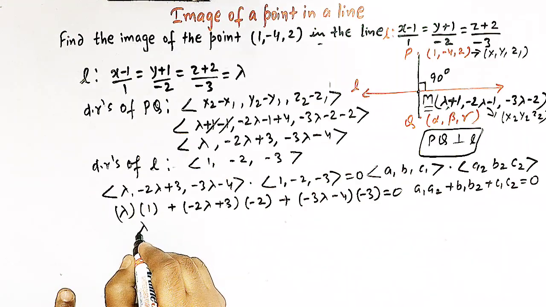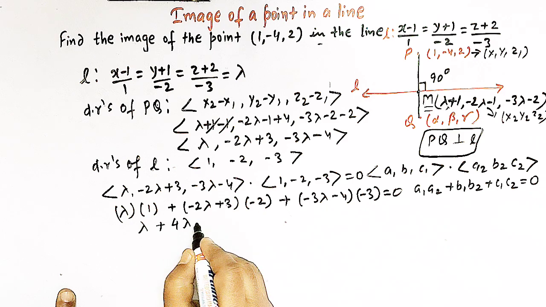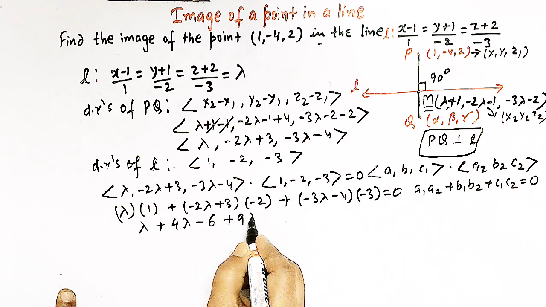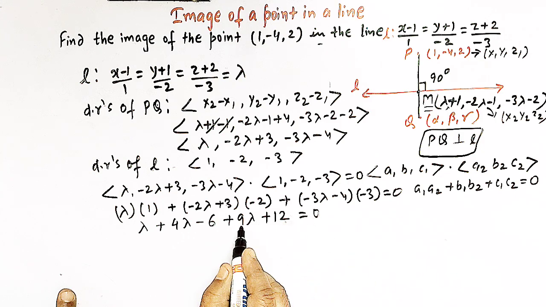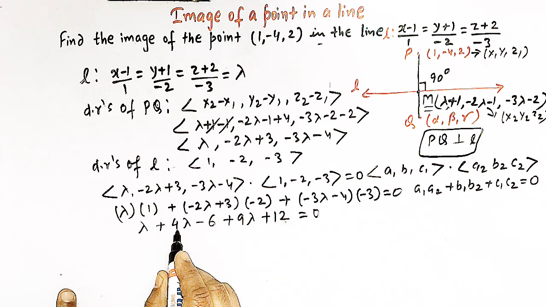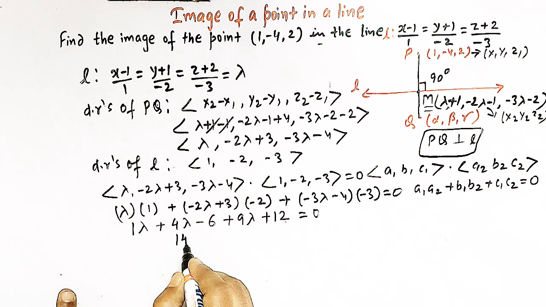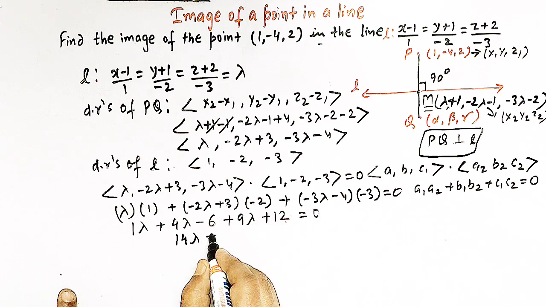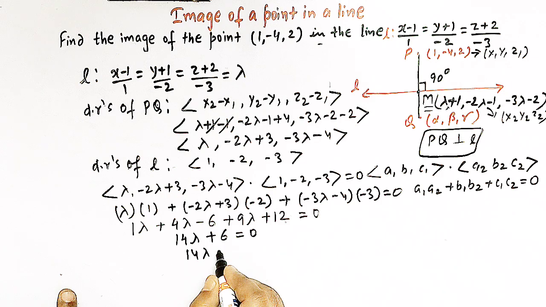So now we have here lambda, plus 4 lambda minus 6, plus 9 lambda plus 12. And 9 lambda plus 4 lambda plus 1 lambda is 14 lambda, and 12 minus 6 is plus 6, so from here we have 14 lambda is equal to minus 6.